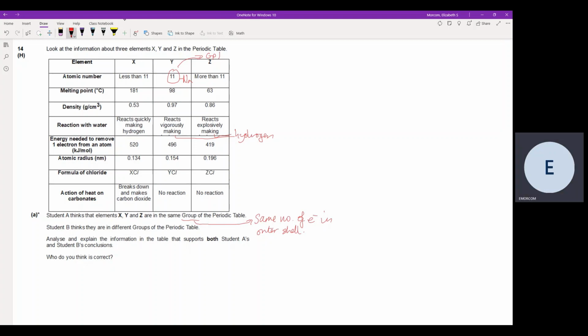So because the atomic number of X is less than 11, this would mean that it would be above sodium in the periodic table if it was in the same group. I mean, it would have to be above anyway because sodium is in group 1. Z could be in the same period as sodium, or if it's also in group 1, as student A thinks, then it would have to be below.